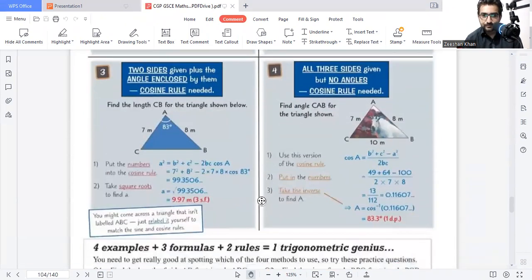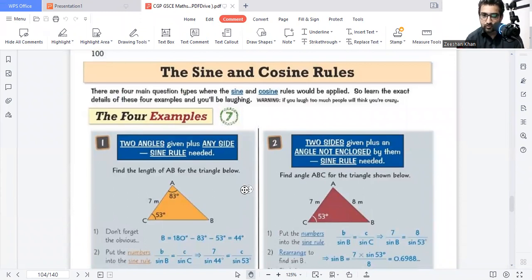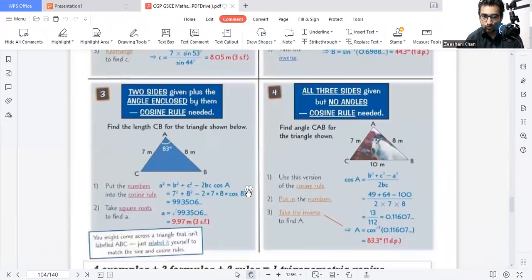Rule number 3, two sides are given plus angle enclosed. Okay, in that case, the angle was not enclosed. But in this case, when the angle is enclosed, then go for the cosine rule. You can see cosine rule is needed. So cosine rule we have studied. This one, you can see the formula is written over here.